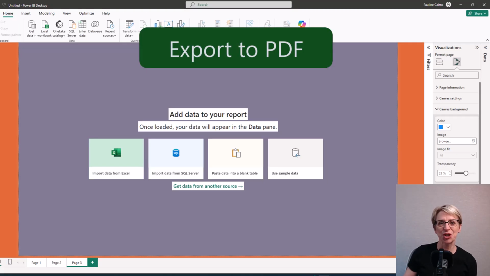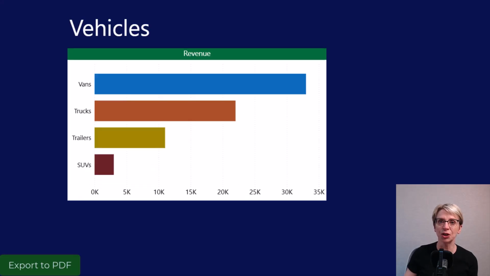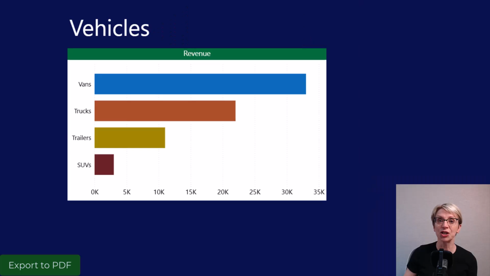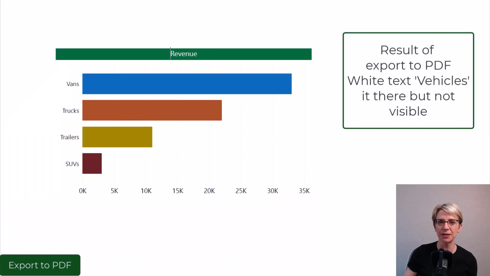Third, export to PDF. The export to PDF feature does not include the wallpaper, so if you have set it to a dark colour and have the canvas transparent with white text, on conversion to PDF, the white text may be difficult or impossible to read.